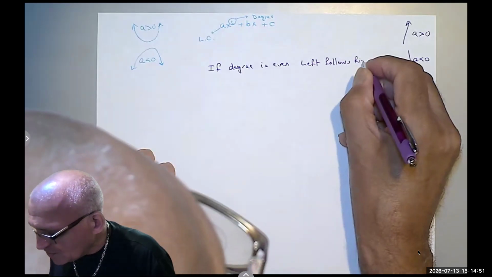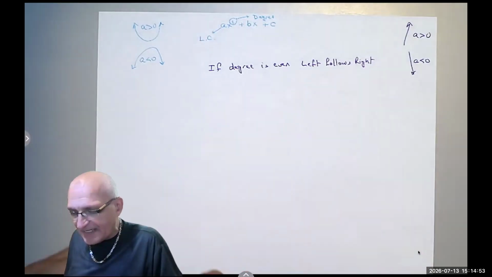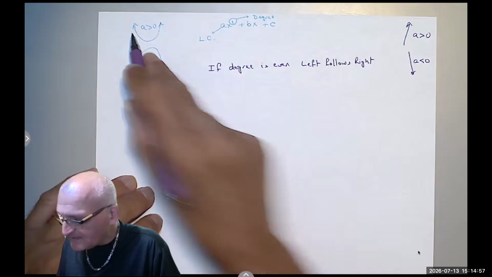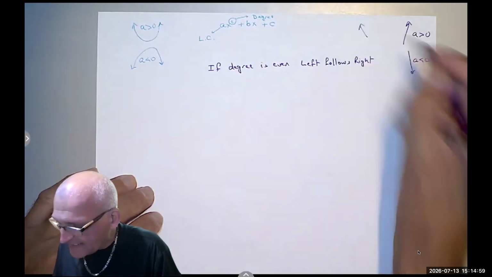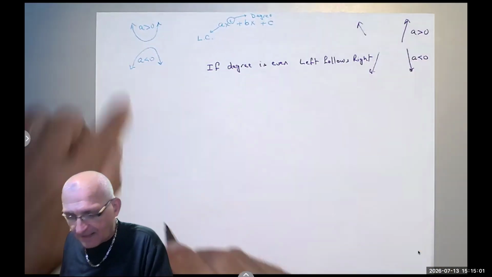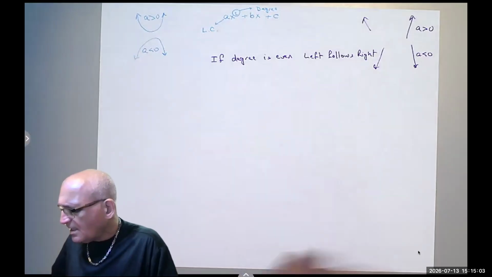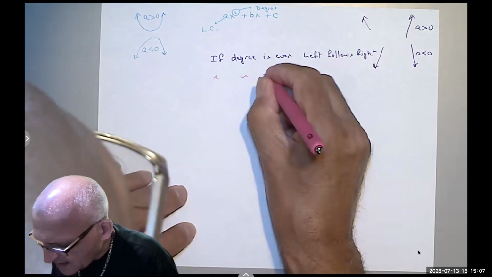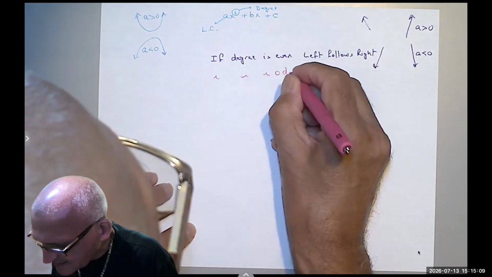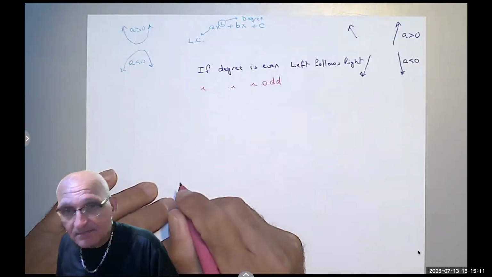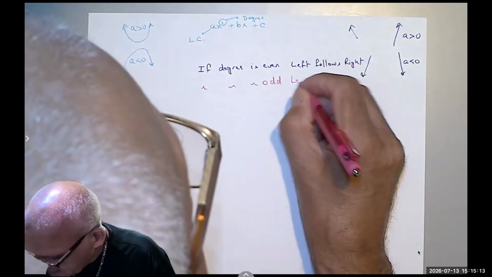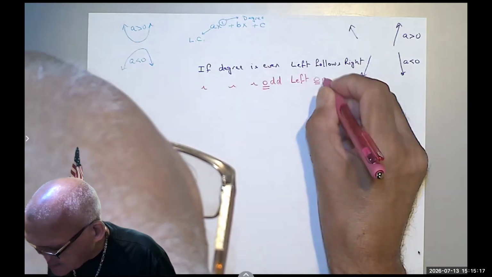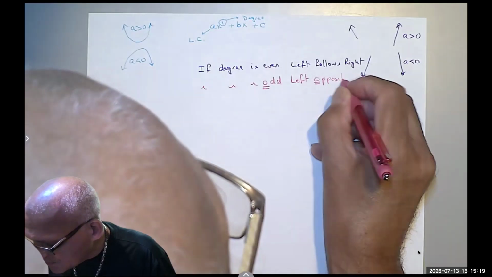Oh, so because the quadratic is square, which is even, then the left is the same as the right. I will get that. How about if the degree is odd, then the left would be opposite to the right.